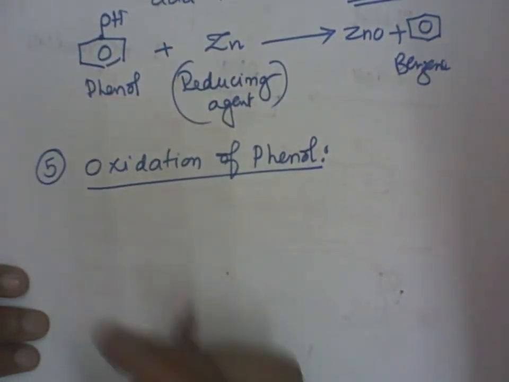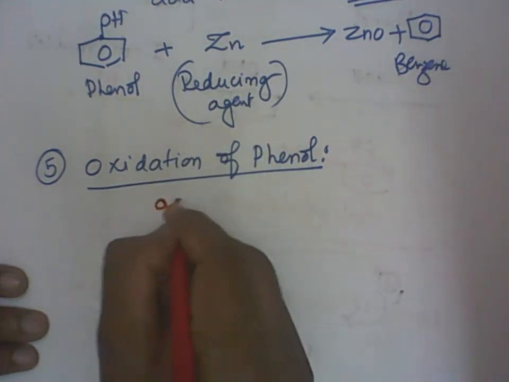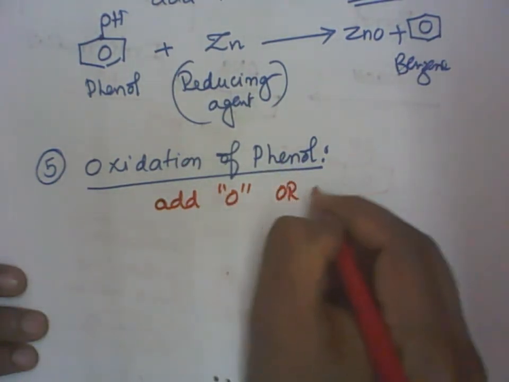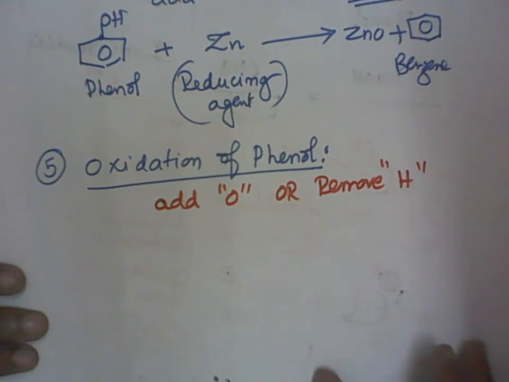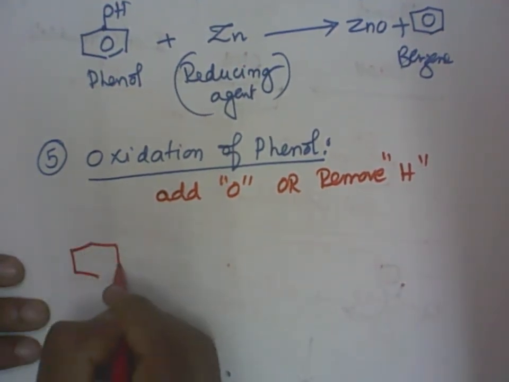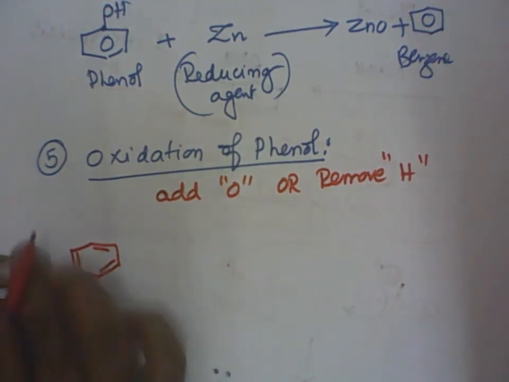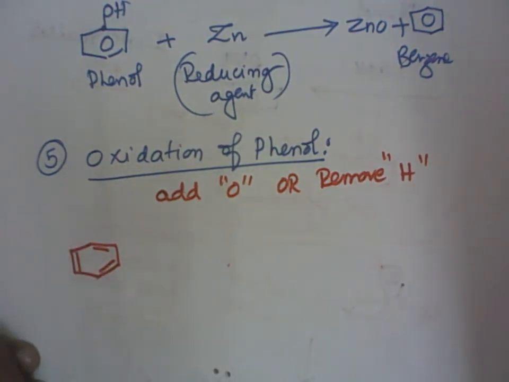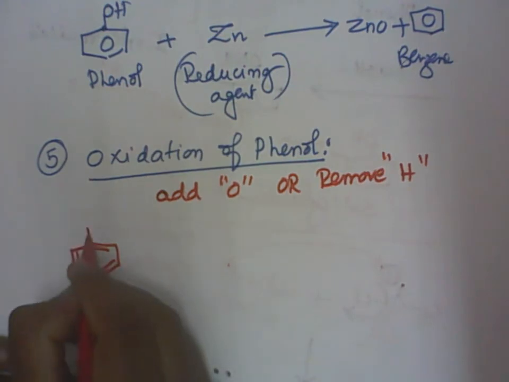Oxidation means adding oxygen atom, or removing hydrogen atoms. Now I'll write the benzene ring in the form of double bonds and single bonds. For me, this is required to explain what change is going to take place. I can also write it in the form of a ring, as previously written, attached to OH.